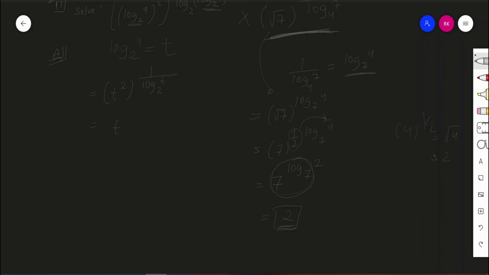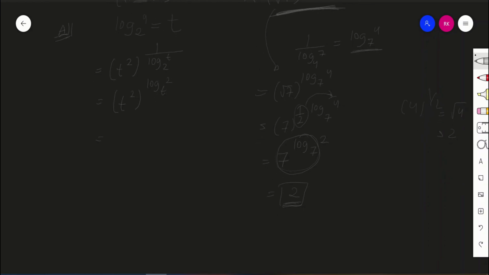t square, I can write this 1 upon log t base 2 as log 2 base t, and this 2 is in multiplication with this, so I can write it as 2 log 2 base t, and this 2 can go up here to this power.